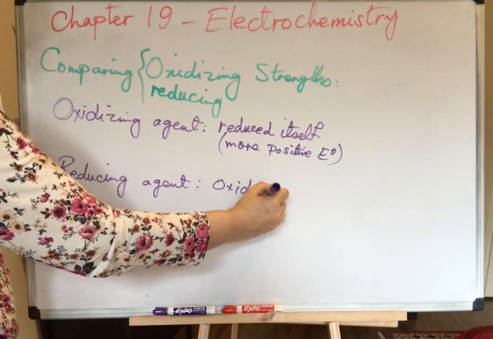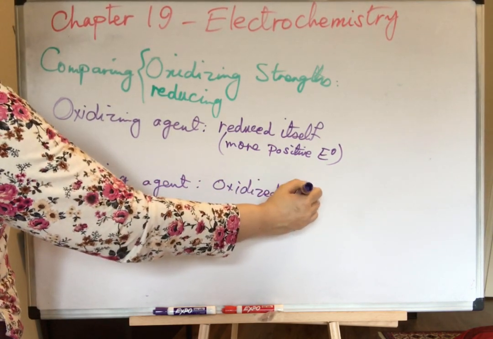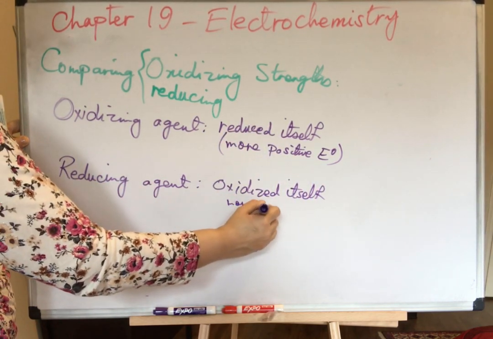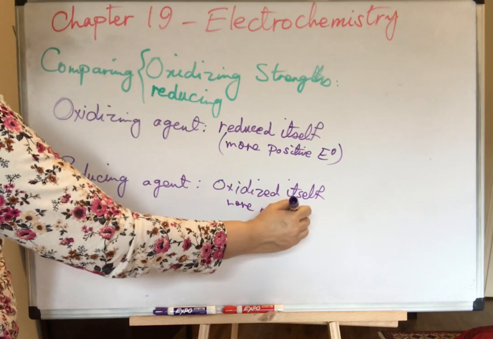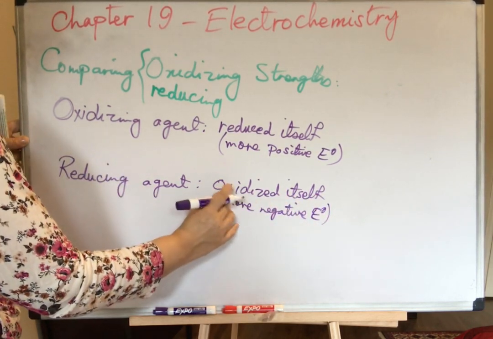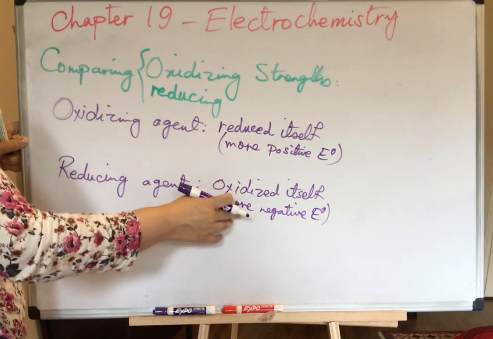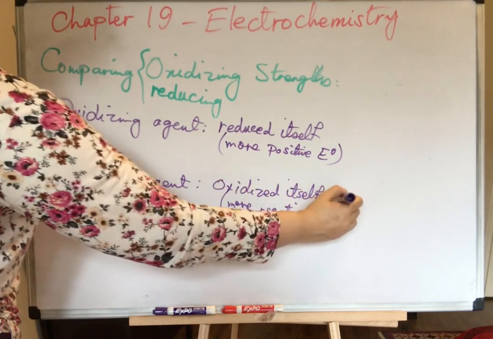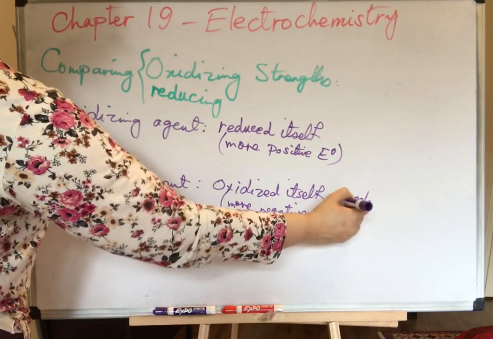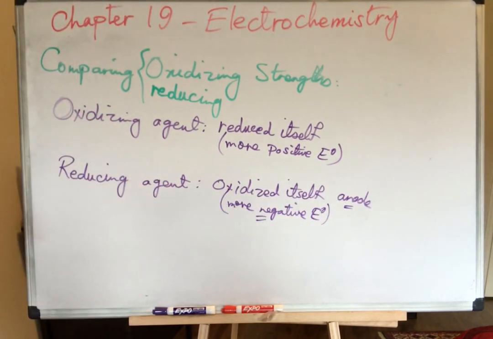So it's oxidized itself. So it's the more negative one. When I teach it, I always say oxidation happens in the anode, right? Anode and negative, they both have N. So negative for anode, so positive is going to be for cathode.